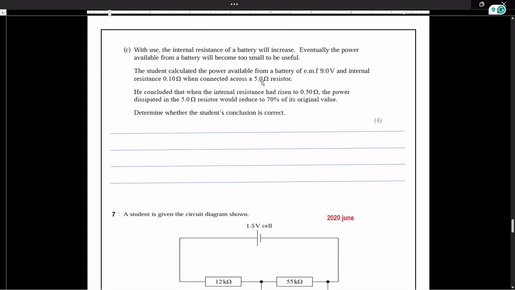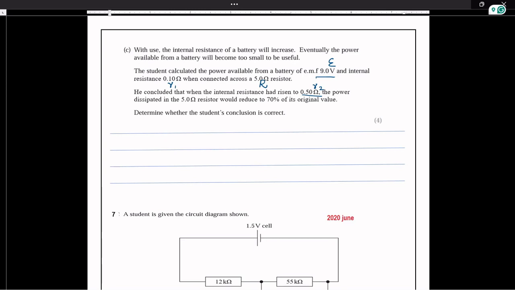A student calculated the power available from a battery of EMF 9 volt and internal resistance r connected to a load resistor of R. He concluded that when the internal resistance had risen to 0.5, this is a new r, so let us write it as R2, and this is the first one, R1, the power dissipated in the 5 ohm resistor would reduce to 70% of its original value. Determine whether the student's conclusion is right or wrong.